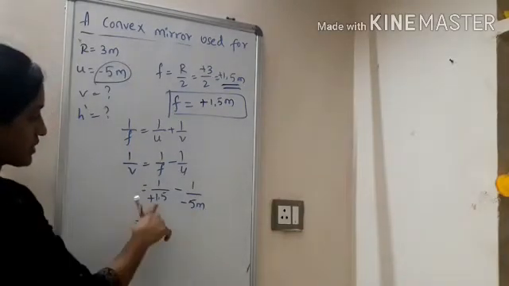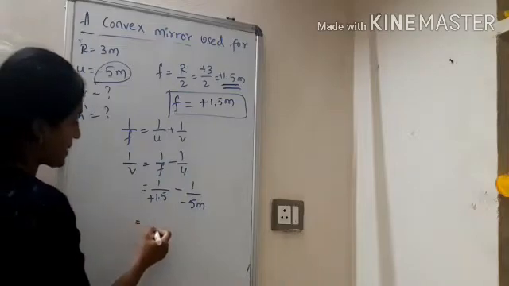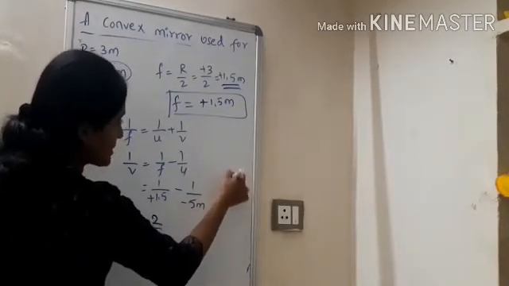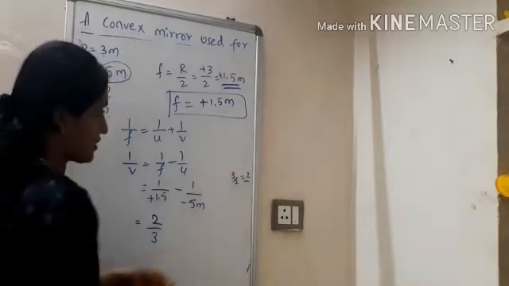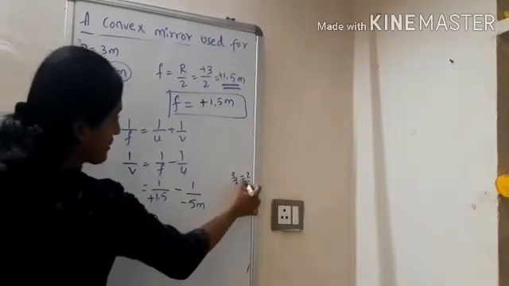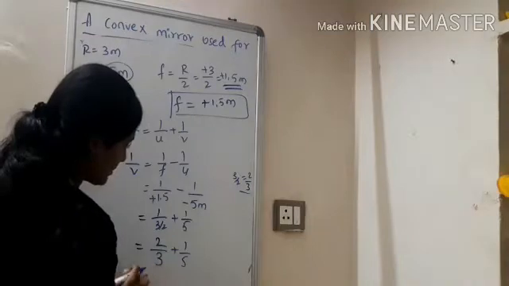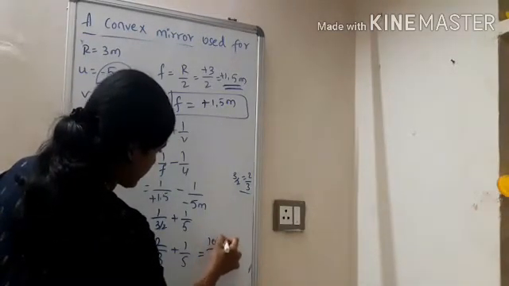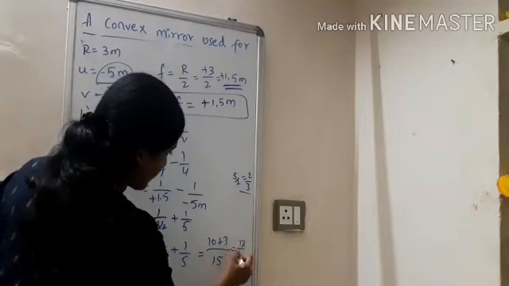Now instead of this decimal I am taking 2 by 3. This 3 by 2 I am taking, this is an inverse, so 2 goes to the numerator, 3 comes down, so 3 by, so 15, 10 plus 3, so 13 divided by 15.